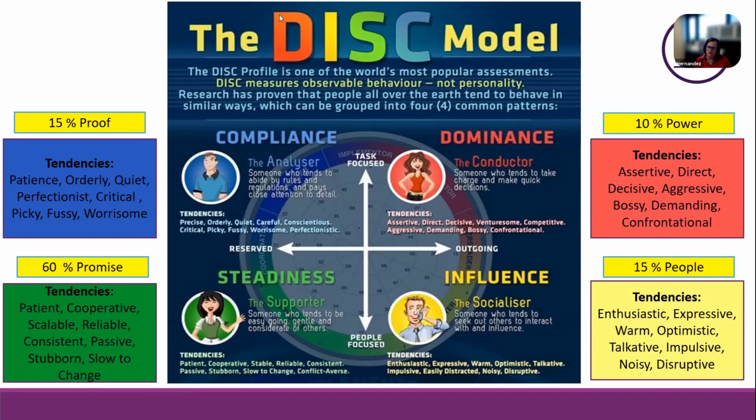Now let's go to the left of this slide, and we'll go over the S. S stands for steadiness. They are the supporters. They're someone who tends to be easygoing, gentle, very considerate of others. Now, this is one of the most important things I want you to take from this presentation. 60% of the people are S's.